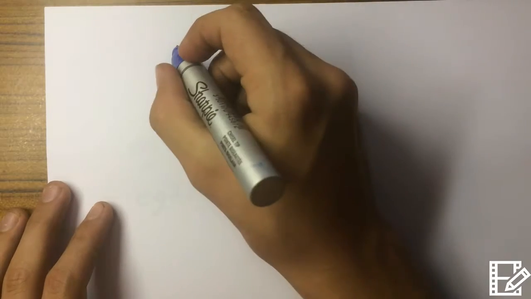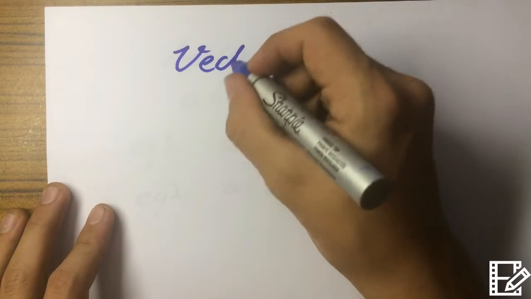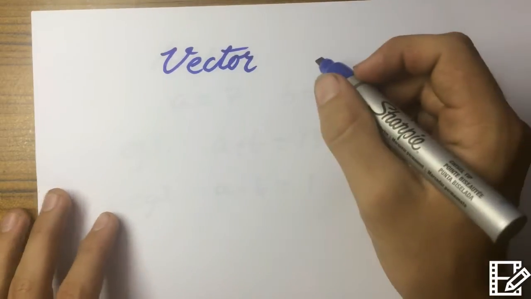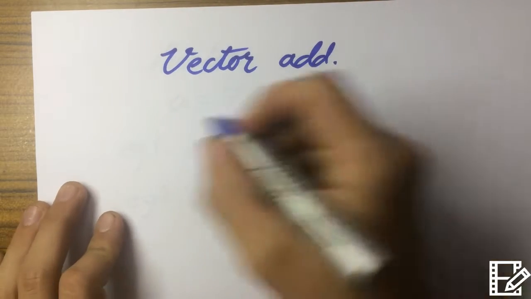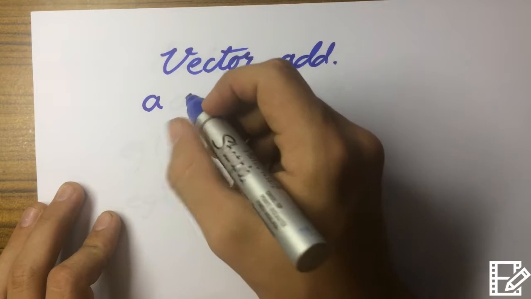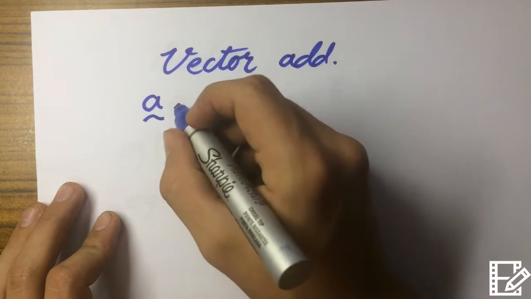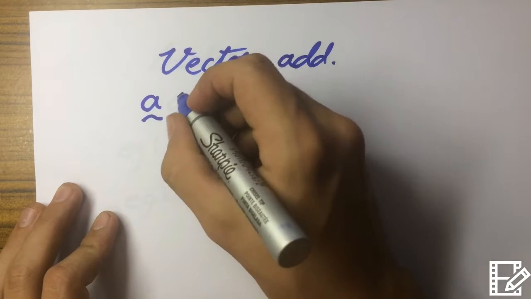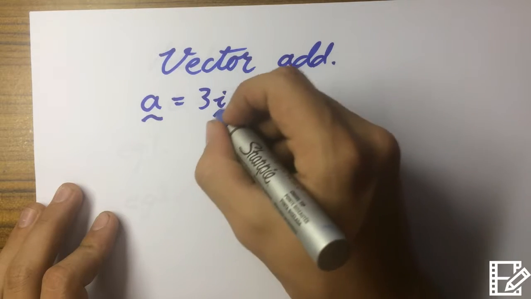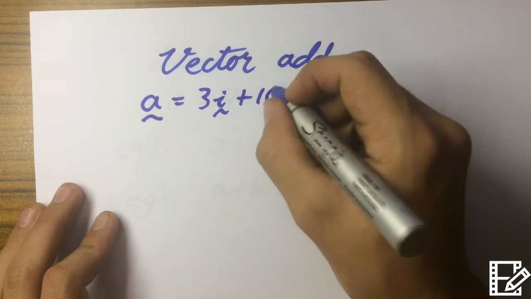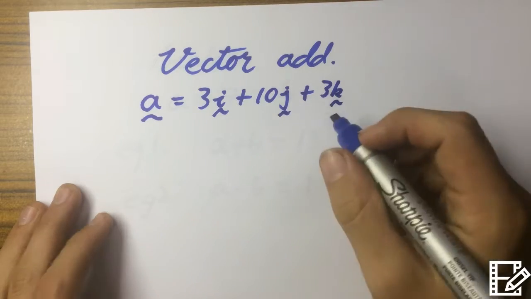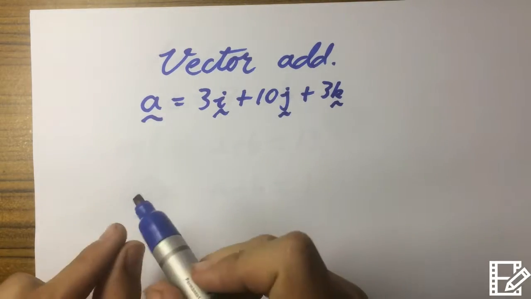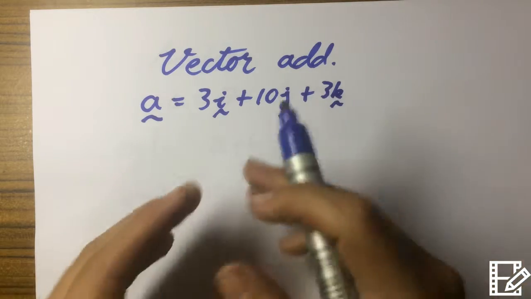So now we go on to vector addition. Let's say vector A, with a squiggly line or an arrow, whatever you prefer, is equal to 3i plus 10j plus 3k, which means the vector is in the positive directions of all three.